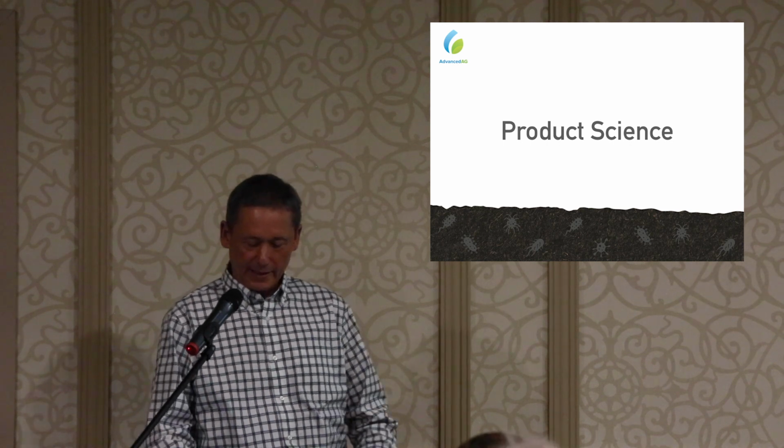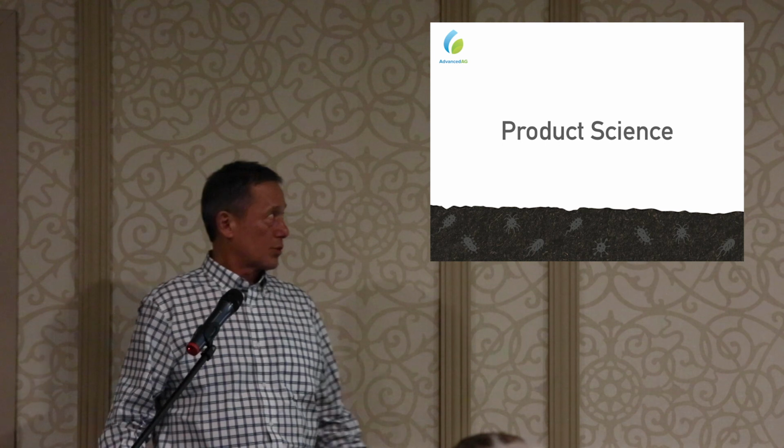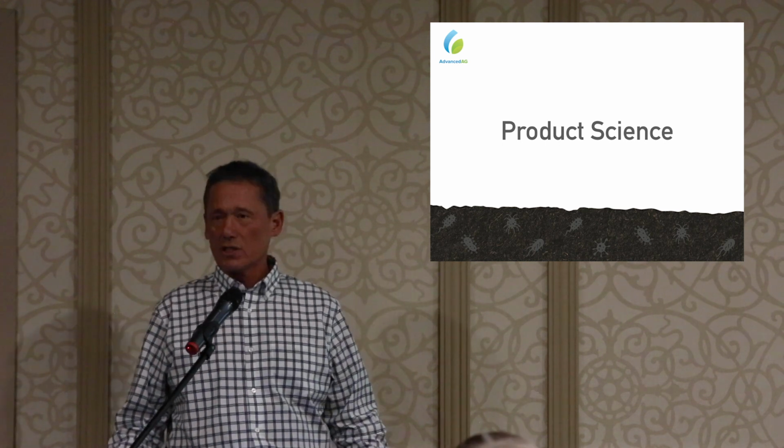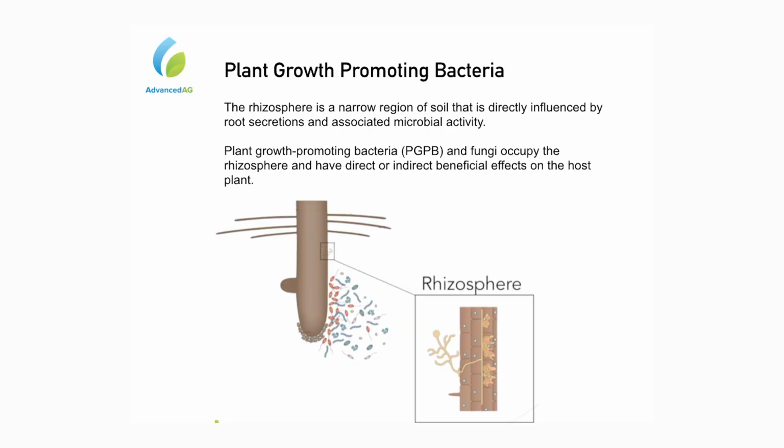So as we go into that, of course, we're going to start talking about the rhizosphere, which is that little narrow zone right at the root-soil interface where you have plant exudations, you have bacteria, you have fungi. It's a real complicated thing.